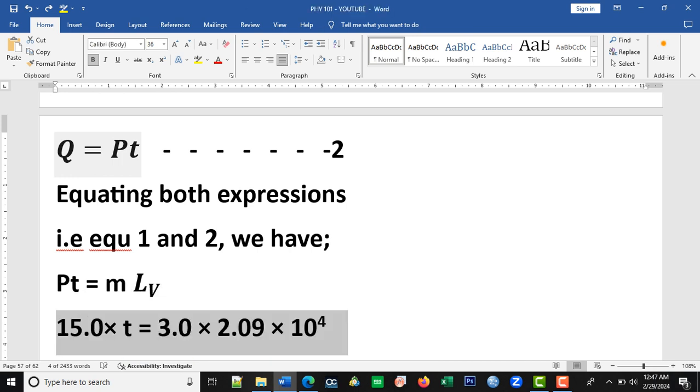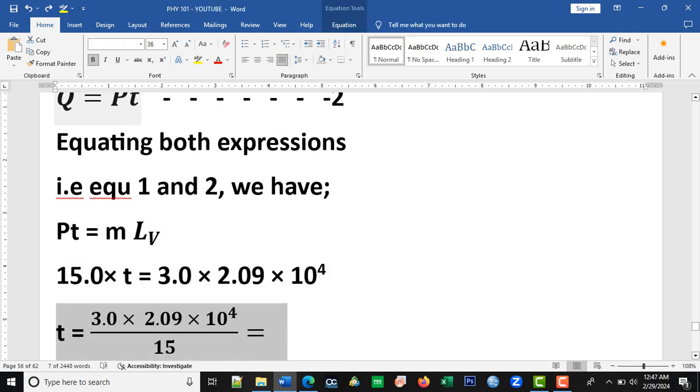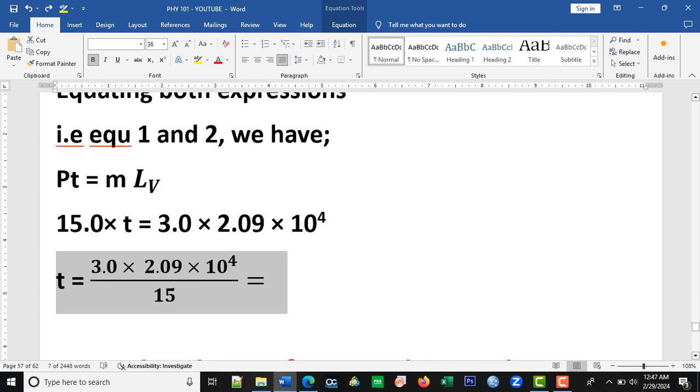So if we do that, then we will have 15 times T. Remember, 15 is the power rating. So 15 times T equals the mass, which is 3.0, times the latent heat of vaporization. At this point, we are going to divide both sides by the coefficient of T here, which is 15. This is how the expression would look like.